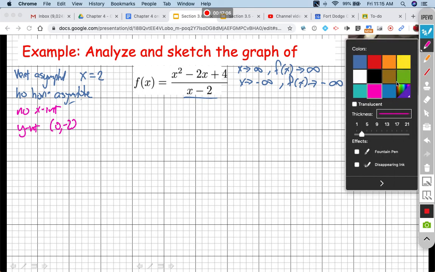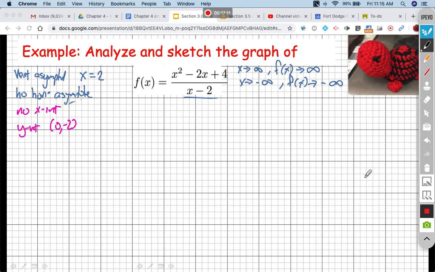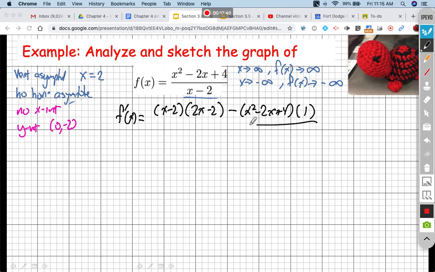So now let's go to fun with derivatives. If I go to the first derivative: x minus 2 times the derivative of x squared minus 2x plus 4, or 2x minus 2, minus x squared minus 2x plus 4 times the derivative of x minus 2, which is 1, divided by x minus 2 squared.